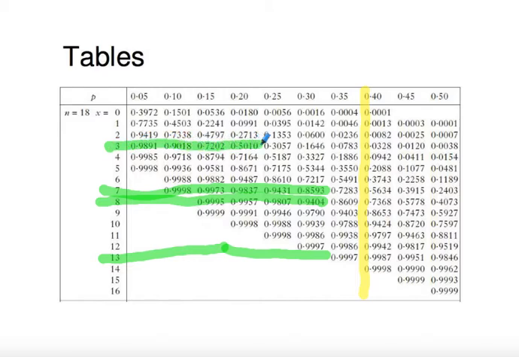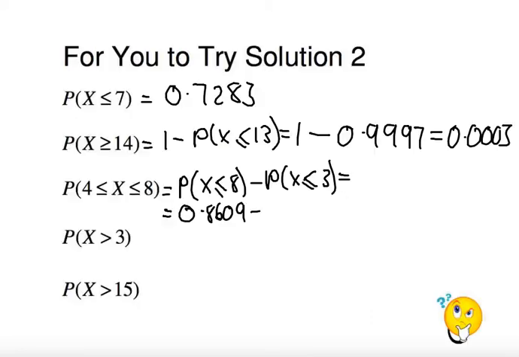Coming across as straight as I can, 0.0783. So get my calculator, let's type that in and see what we get as an answer. You should get then hopefully an answer of 0.7826.